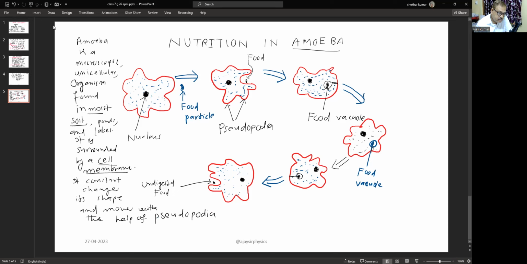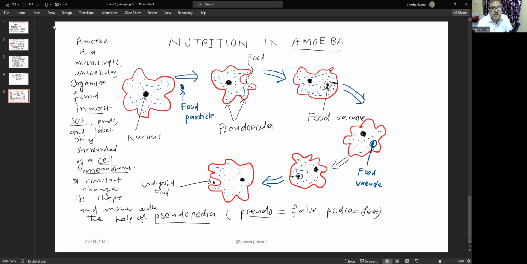False feet. Pseudo means false. Podia means feet. So this is the literal meaning of the parts of the amoeba, and we call it pseudopodia.